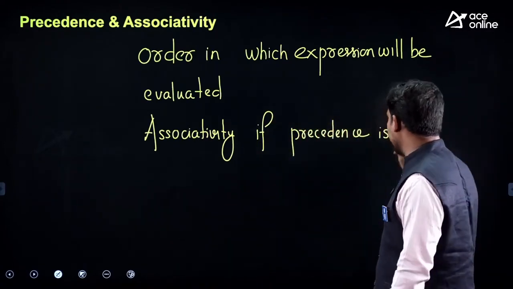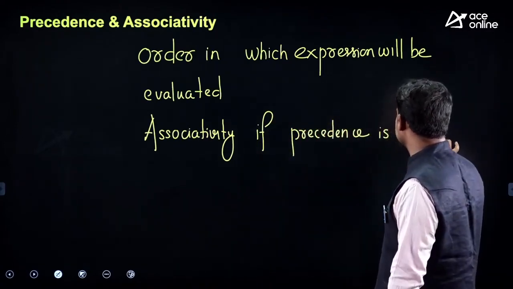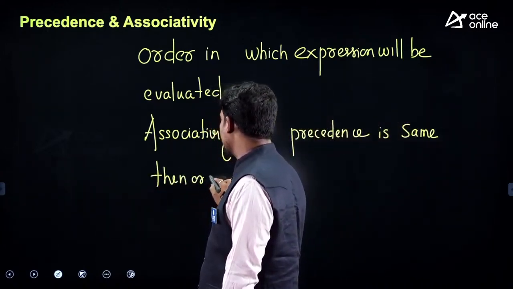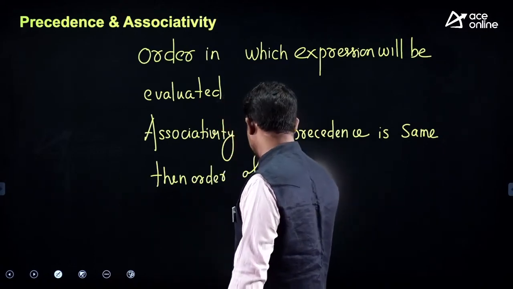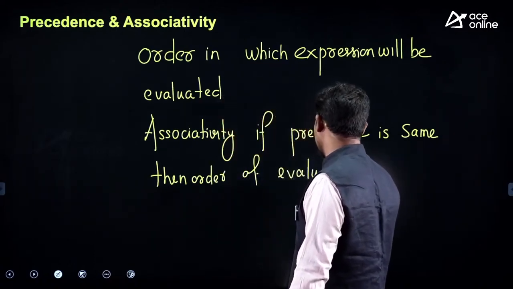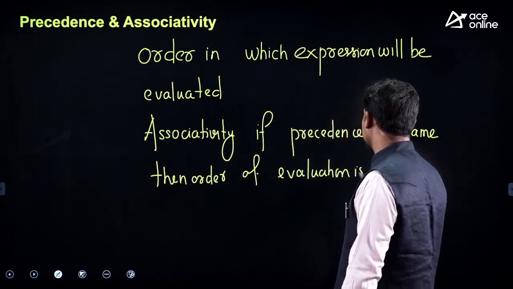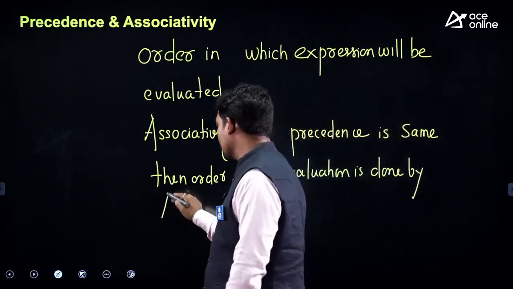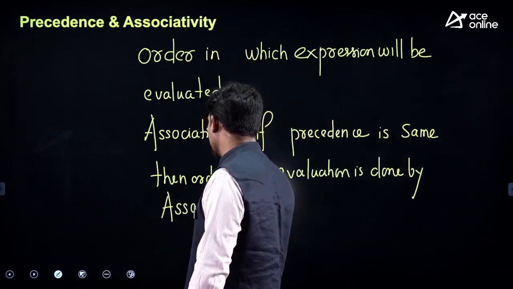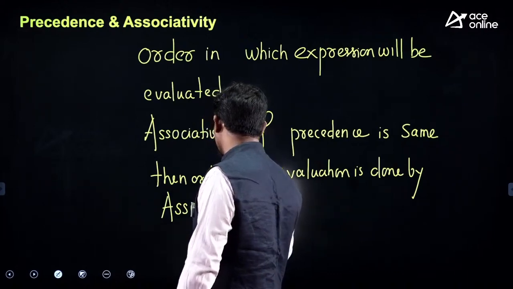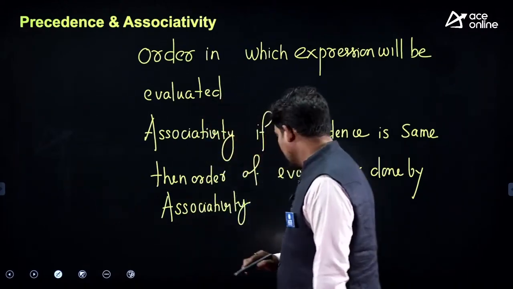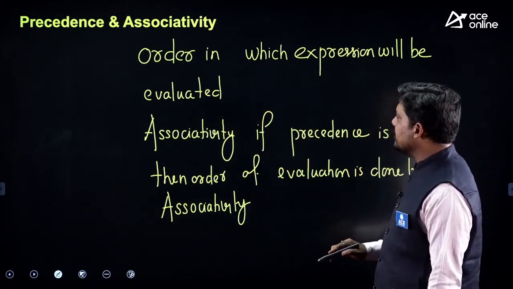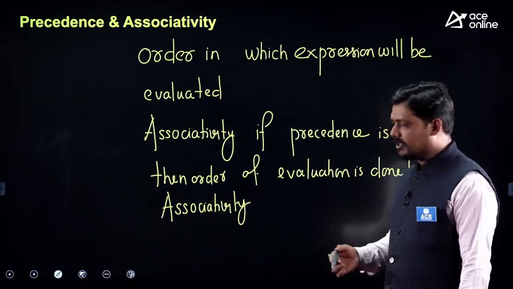So if the precedence is the same, then the order of evaluation is decided by the associativity rule.